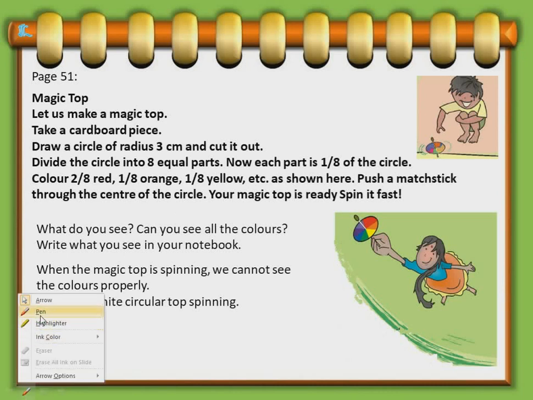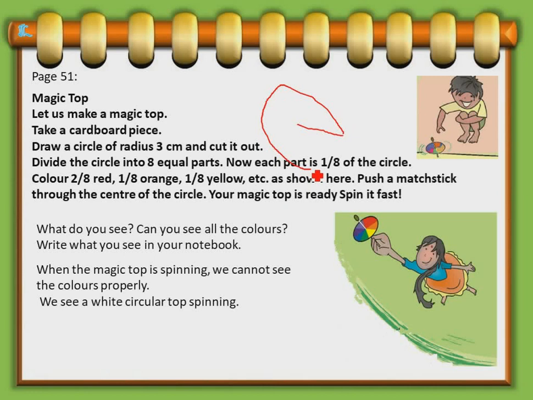The radius should be 3 centimeters. Measure exactly 3 centimeters, keep the compass in between, and draw a circle of radius 3 centimeters and cut it out.